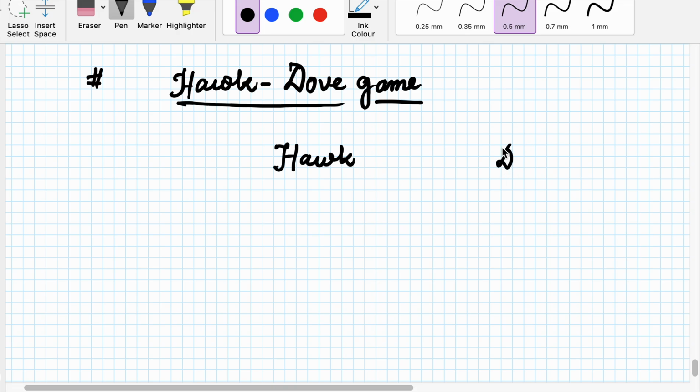And as we discussed in the previous class, the hawk strategy means an aggressive strategy and the dove strategy means the passive strategy.